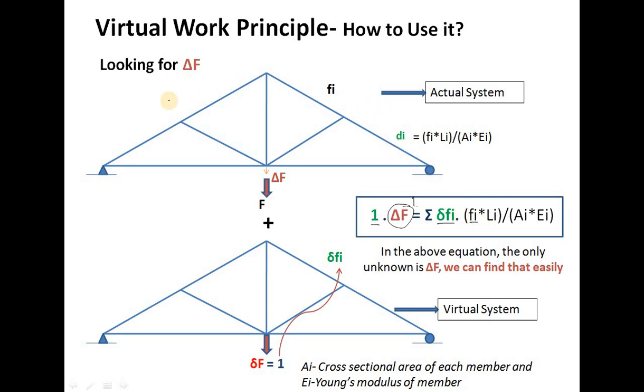Fi is the force in each and every member of the truss because of the actual force applied. Li is the length of each component, Ai is the cross-sectional area of each component, and Ei is the Young's modulus. Once I apply this equation, the only unknown is delta F, which we can find easily. So this is how I can apply the virtual work principle in the case of trusses.